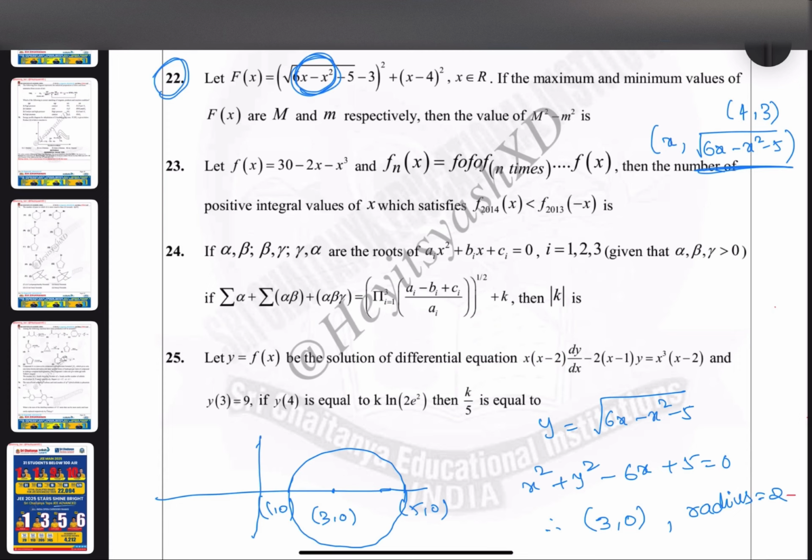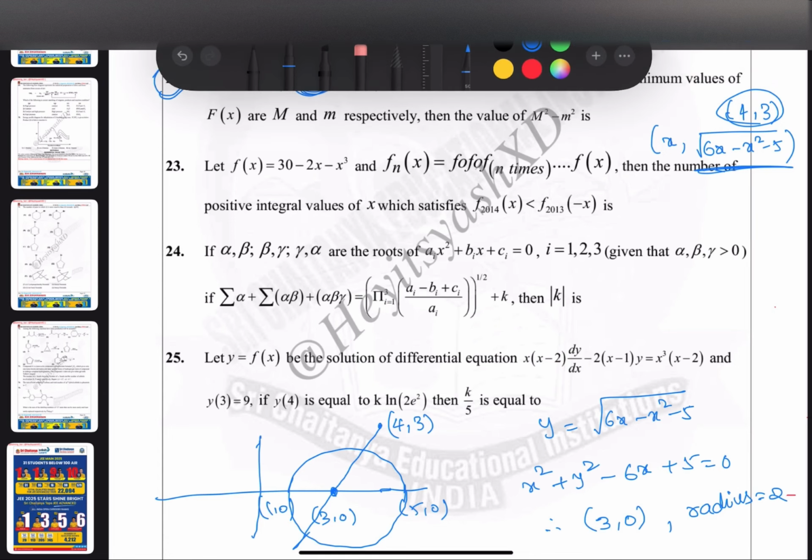All right. So okay, fine. So your 4 comma 3, this point lies somewhere here. Now if you draw a line like this passing through the center, your shortest distance will be this particular red distance, and your longest distance between these two curves, that point on this curve, will be this total yellow distance.